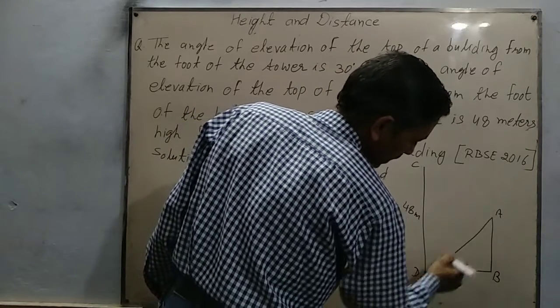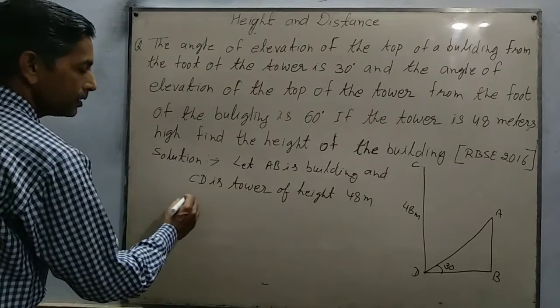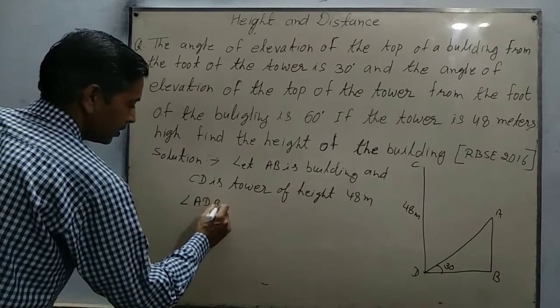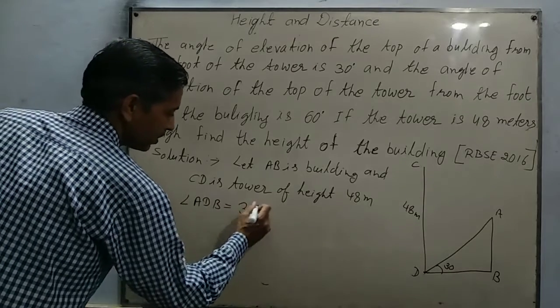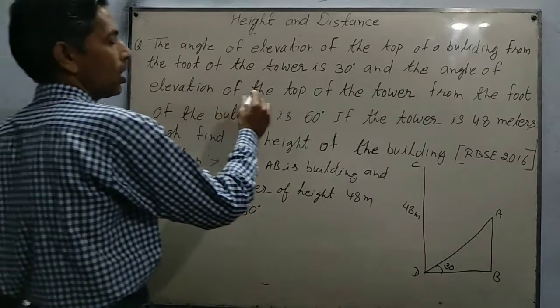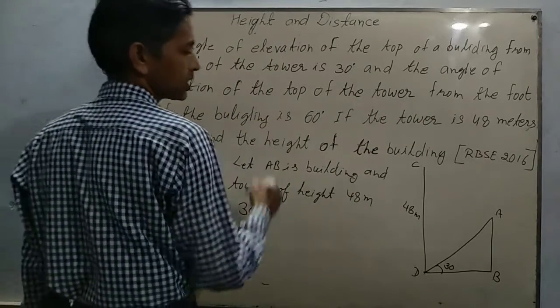So angle ADB is 30 degree and angle of the elevation of the top of the tower from the foot of the building is 60 degree.